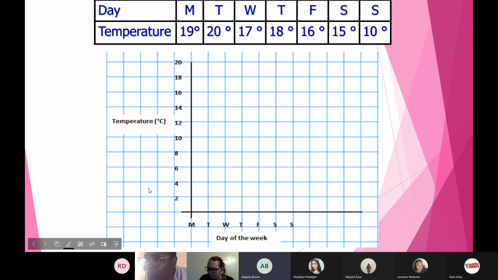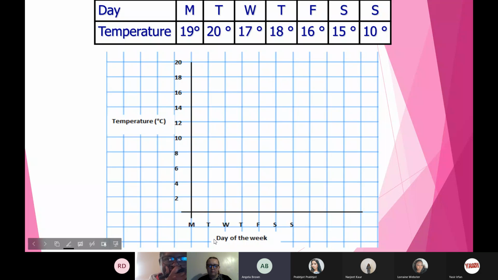Okay, right. You will get information in this format. So you've got your day and your temperature, and that's Monday, Tuesday, Wednesday, Thursday, Friday, Saturday, Sunday. And you can see that on the vertical axis, I've said it's temperature because this is what we're recording. That's what changes.